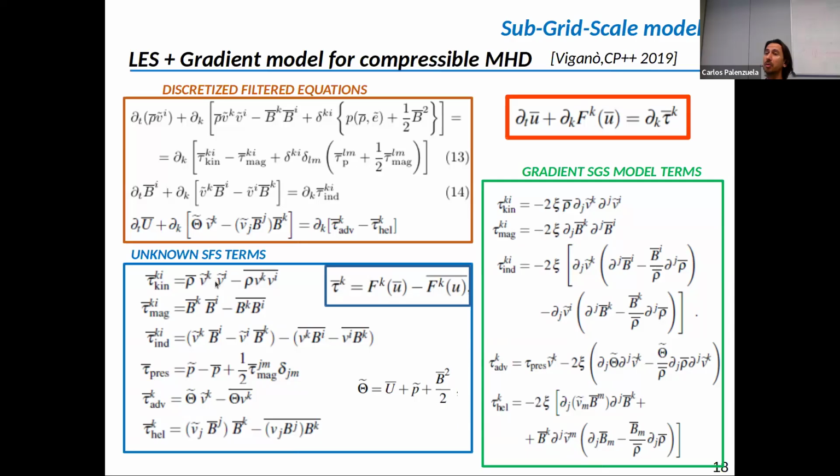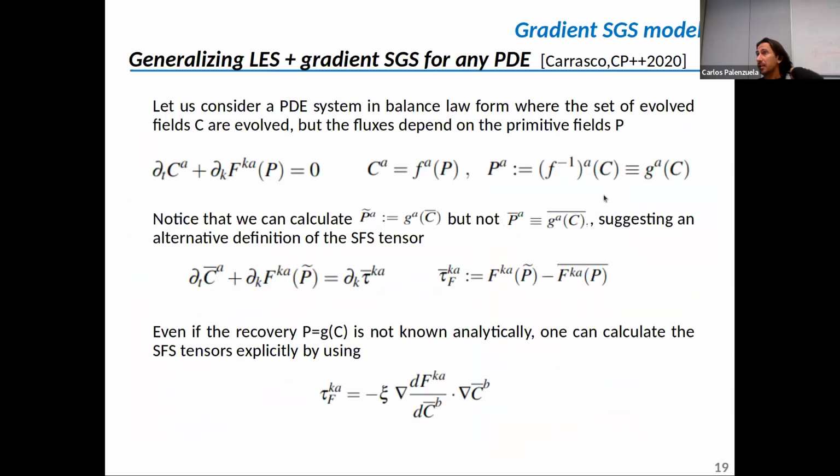These are the unknown subfilter scale tensors. And then using the gradient models, these are the terms that go here, in this tau, the subfilter scale tensor. We can also generalize it to GR. In GR, it's a little bit more complicated because the recovery of the primitives from the conserved variables is nonlinear and it cannot be written in an explicit way.